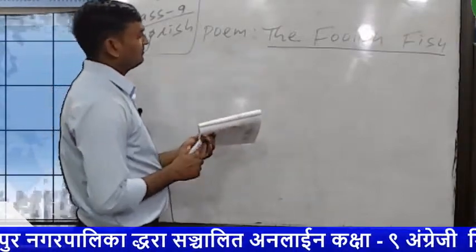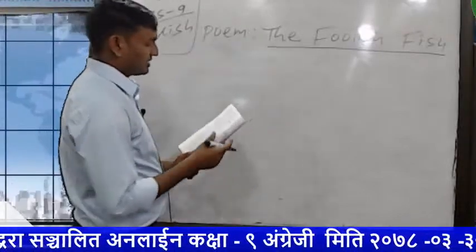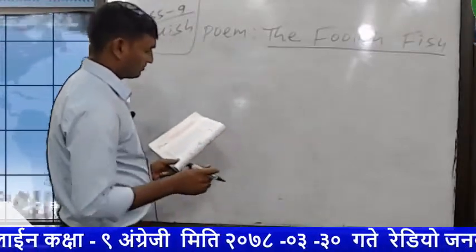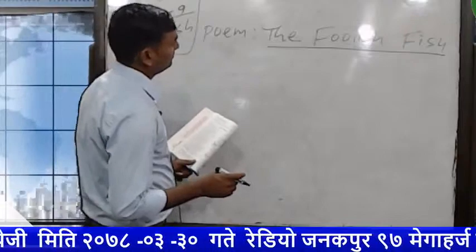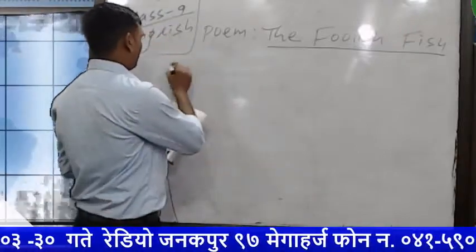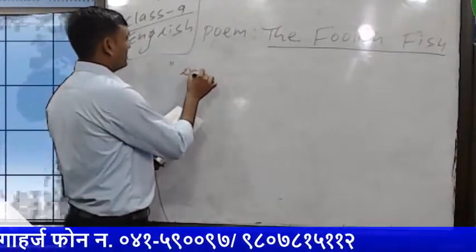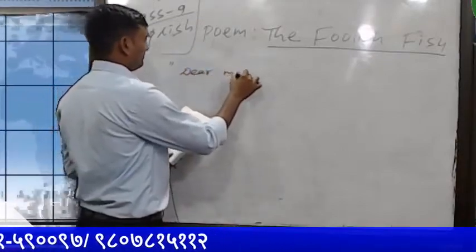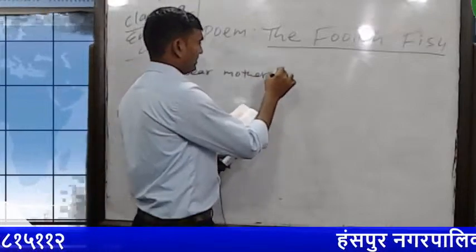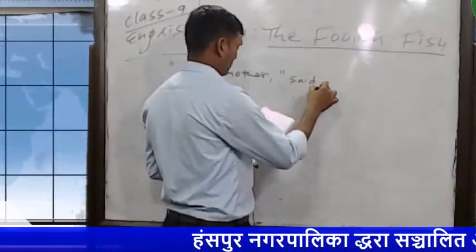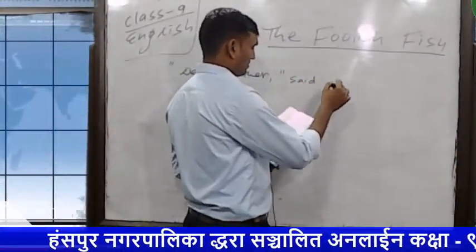and said to her mother in the first stanza. What he said to her mother, I am going to write. In the first stanza, the baby fish said, "Dear mother," first of all I am going to write the first verse.